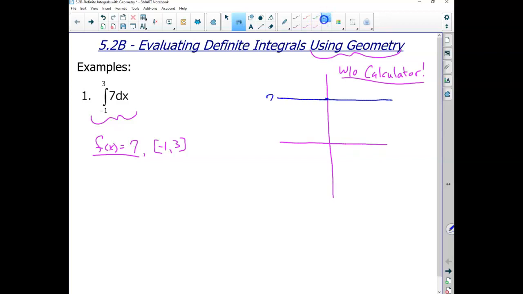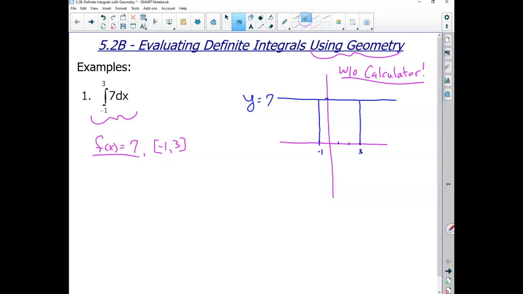So it's just y equals 7 is what my function is. And what I'm doing is I'm trying to find the area beneath that curve from -1 to 0, 1, 2, 3. So I'm actually boxing out this area right here.